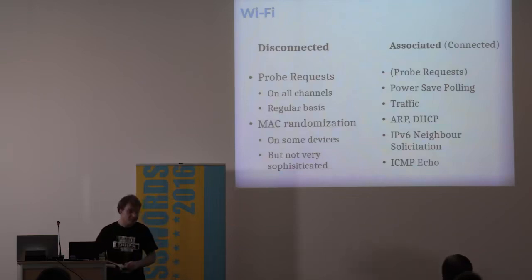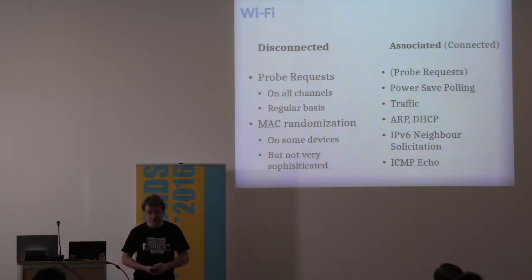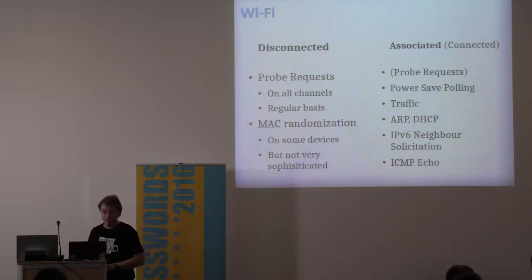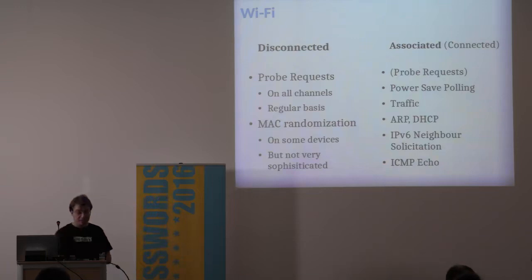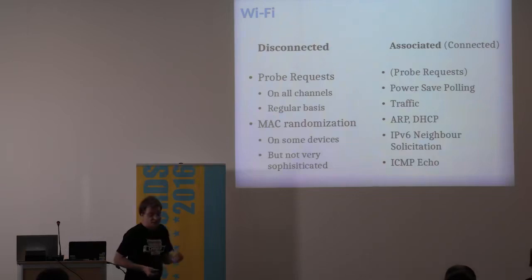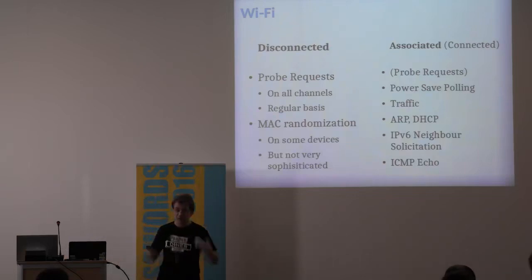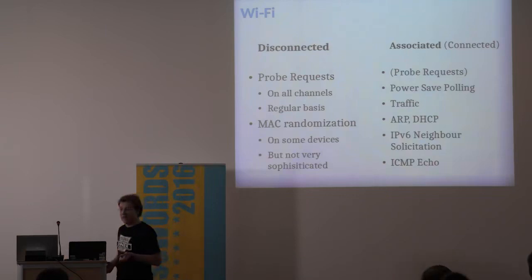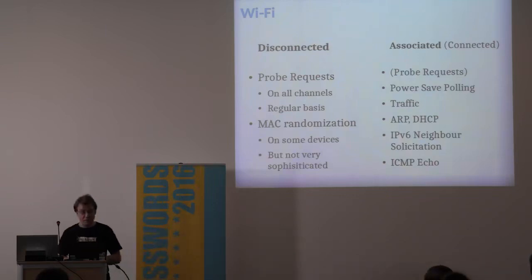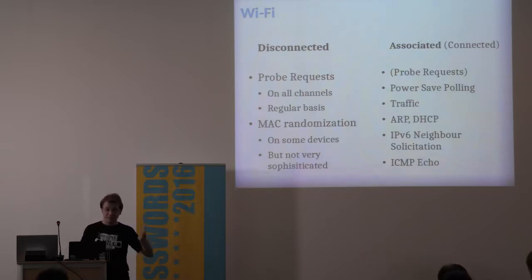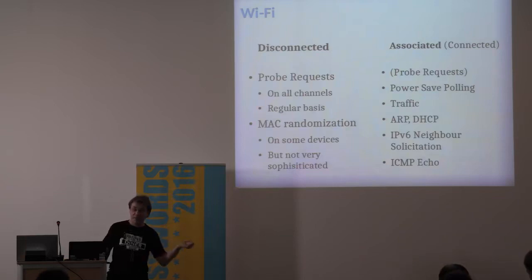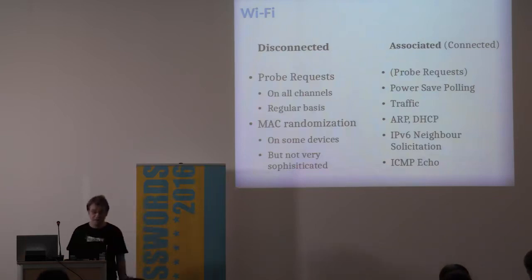So because some people were using this for tracking devices, Apple started with MAC randomization. This means that during probe requests, it does not use its real MAC address. It uses a randomly generated one. However, it has been shown that this scheme is very weak. So on some devices, the MAC randomization uses the random MAC in the header, but in the option headers, they use the real MAC address.